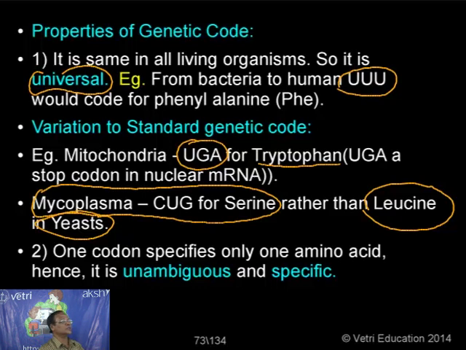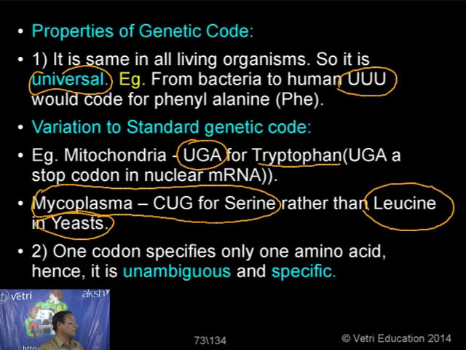That's why I said it is universal. So there are only these exceptions: UGA for tryptophan in mitochondria, which is a nonsense or stop codon in nuclear mRNA, and CUG for serine in mycoplasma but leucine in yeast.